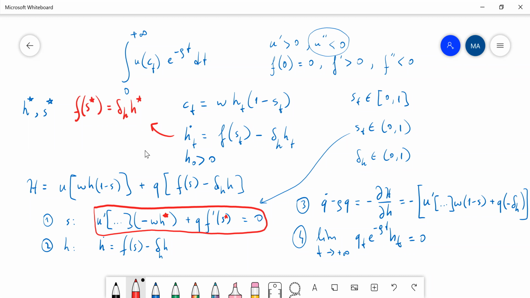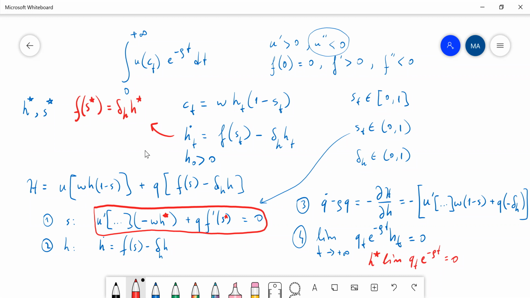And since this is a steady state, now look at the transversality condition. Now h is fixed, okay? So if I write this again, h* goes out. Inside I have q_t e^(-rho t), right?